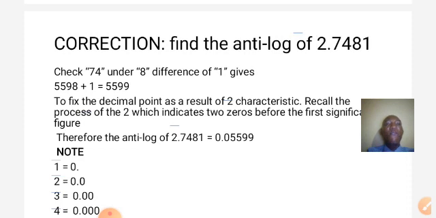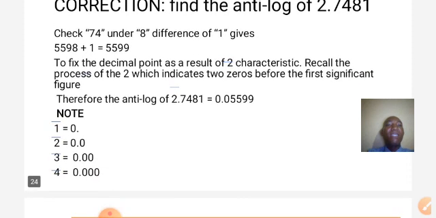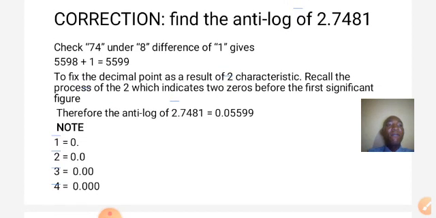Now, the next thing is to fix the decimal point. As a result of the bar 2 that we got from the characteristic, if you recall vividly, it indicates that it has 2 zeros before the first significant figure, which is 7. So it's going to have 2 zeros.